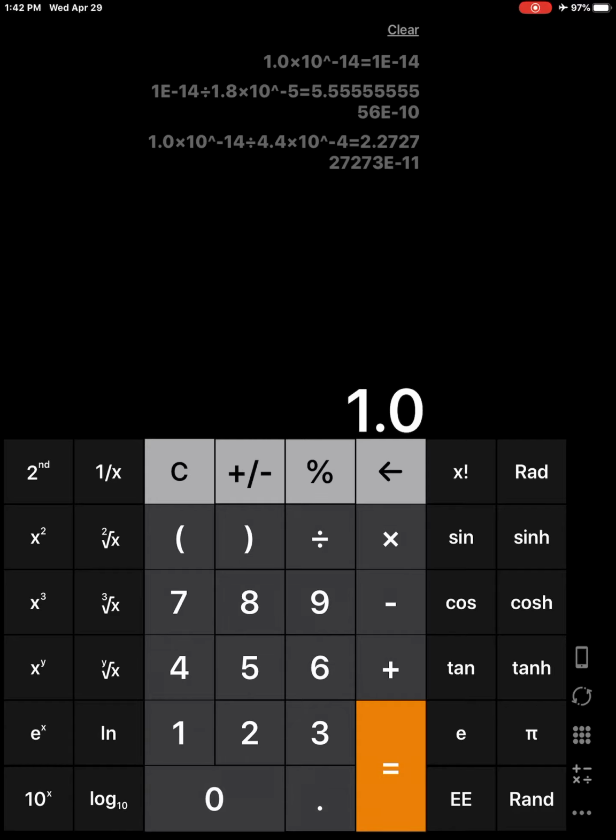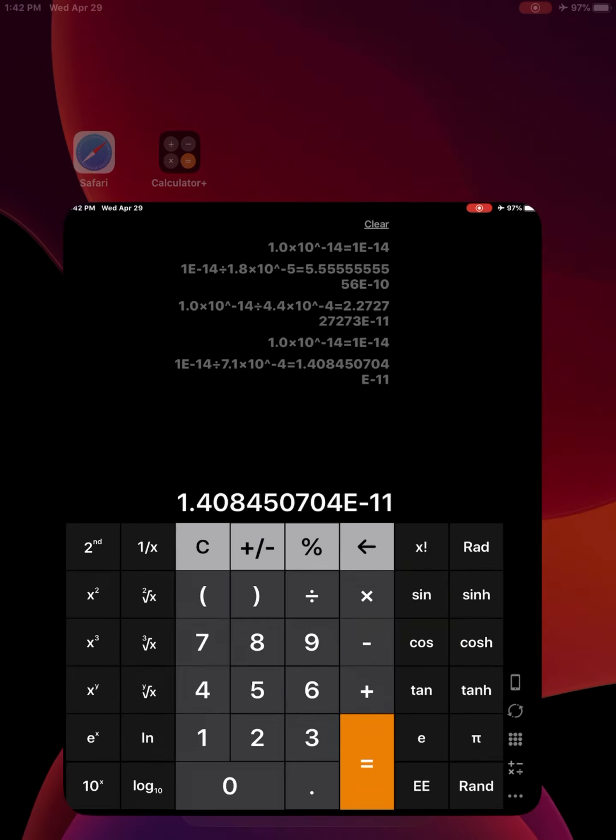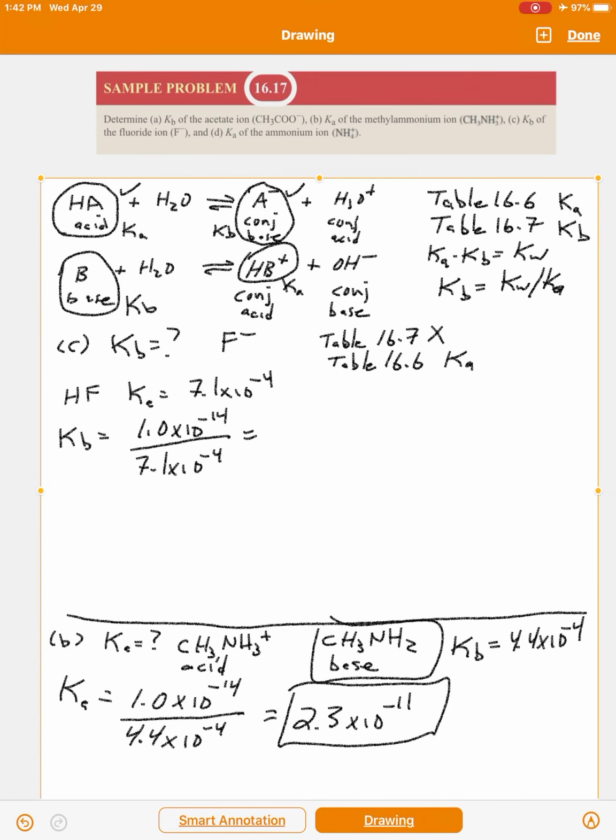So 1.0 times 10 to the minus 14 divided by 7.1 times 10 to the minus 4 is 1.4 times 10 to the minus 11. And there's our answer for part C.